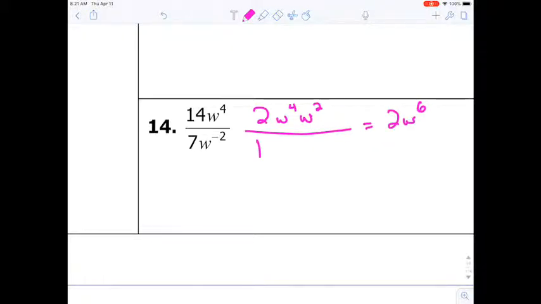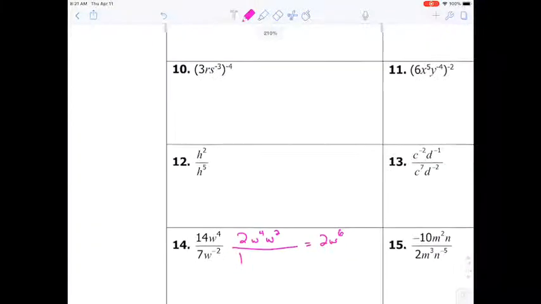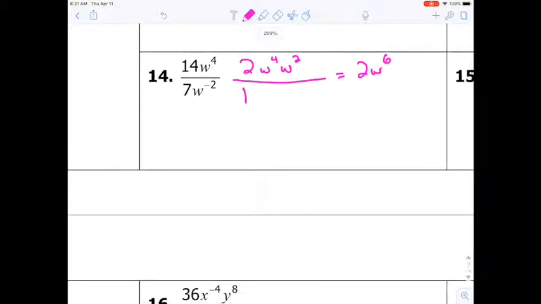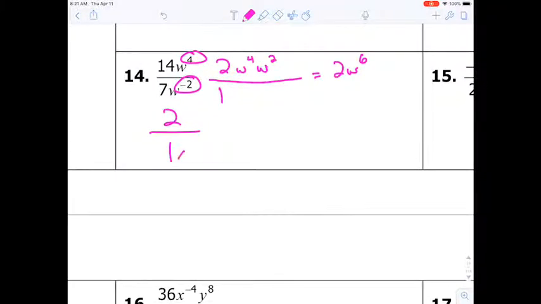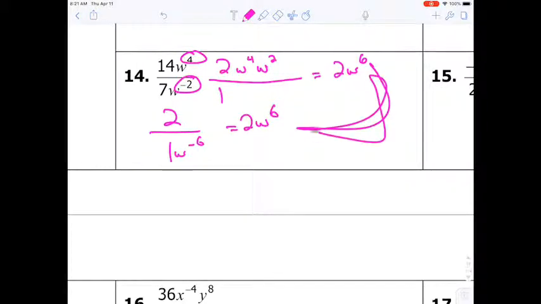But we could also just follow our division rules from yesterday, which said subtract the exponents. So if I subtract 4 minus negative 2, I get w to the 6th, which is 2w to the 6th. Either way, okay?